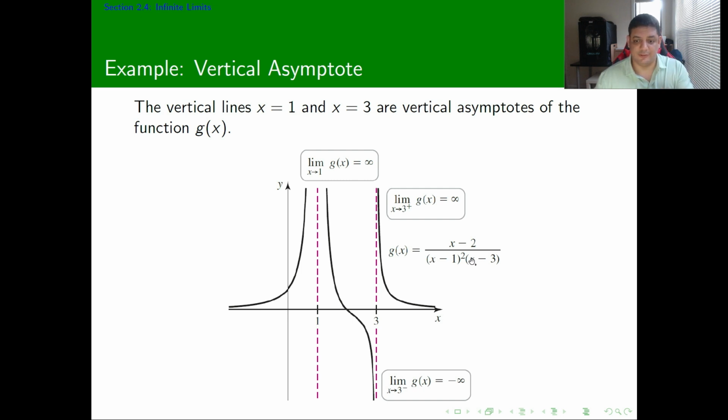So you see this 3 is going to make this 0, this 1 is going to make this denominator 0, so that can happen. And so that's why we have asymptotes in here. Notice that in 1, the limit by the left side and the right side are both going to infinity. But in 3, the left side limit is going to minus infinity and the right side limit is going to infinity. Okay?